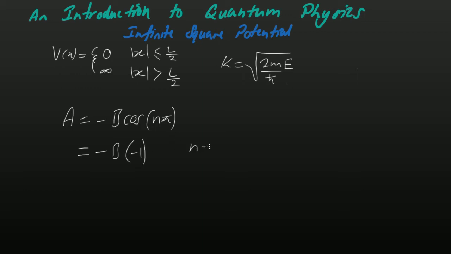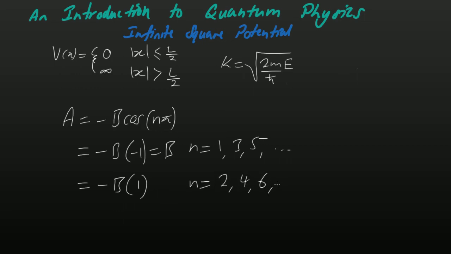Negative 1 for n equals 1, 3, 5, and so on, all the odd integers. And it equals B. Cosine will equal 1 for n equals 2, 4, 6, 8, 10, and so on. So it equals negative B for all the even integers.